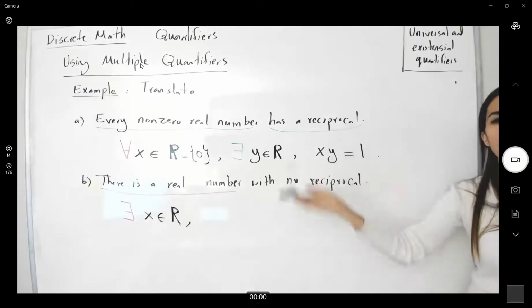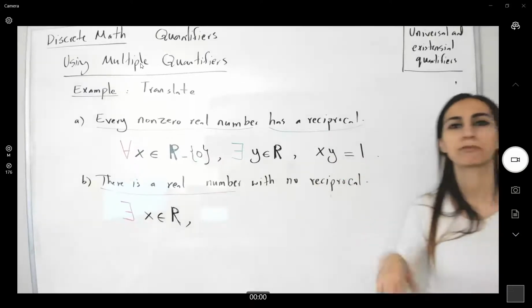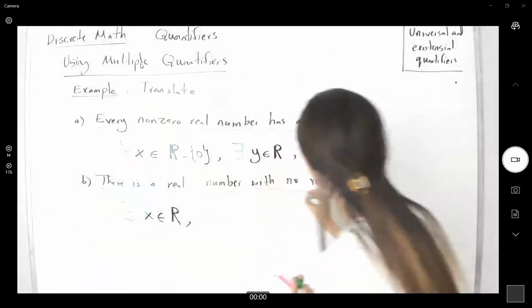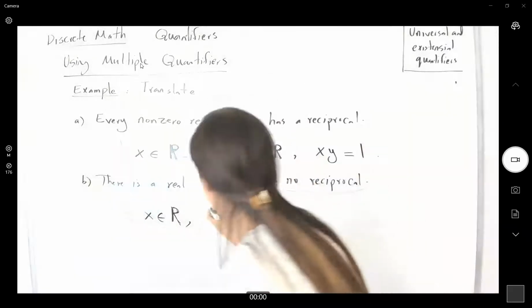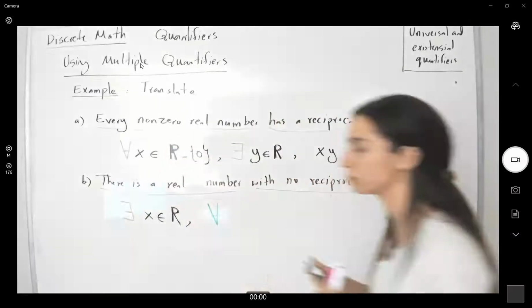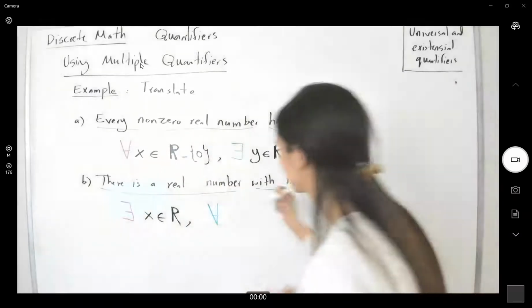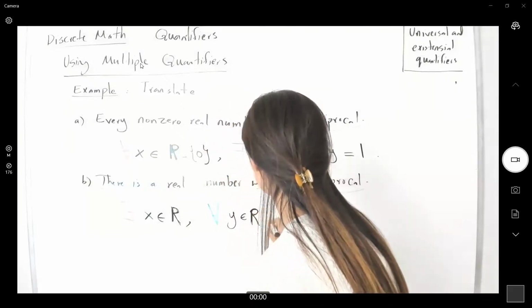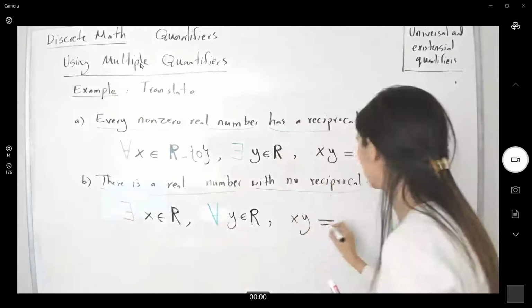If you take any real number like y, then the multiplication is not 1.